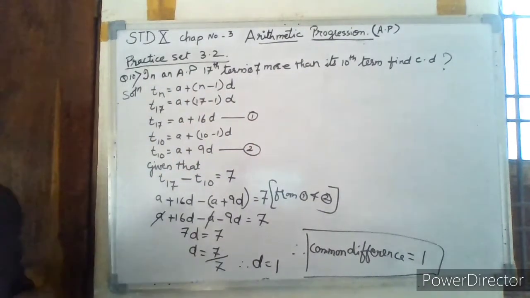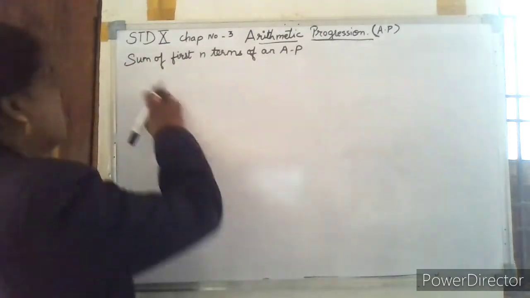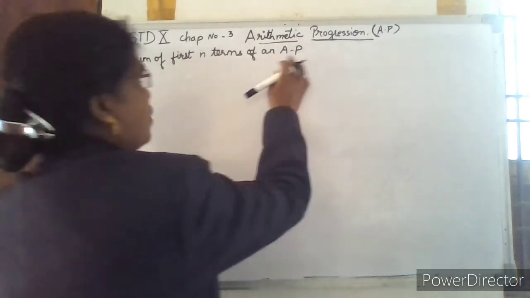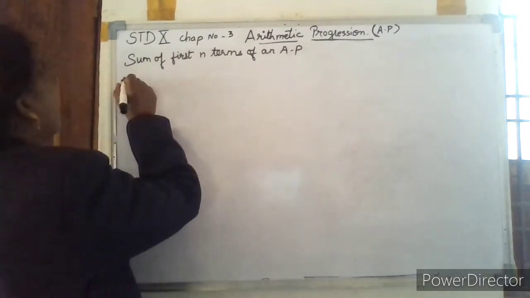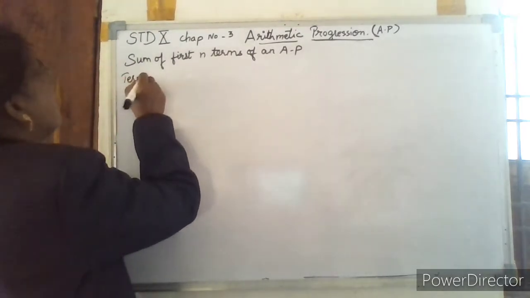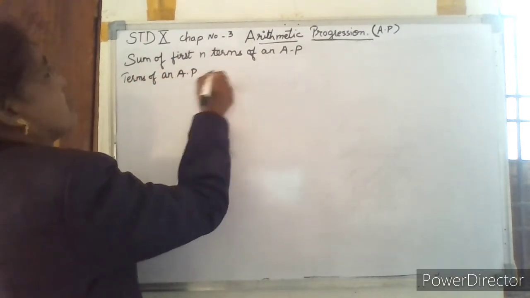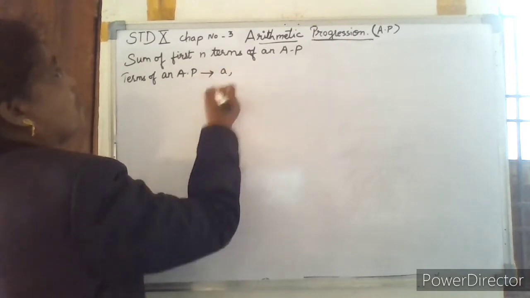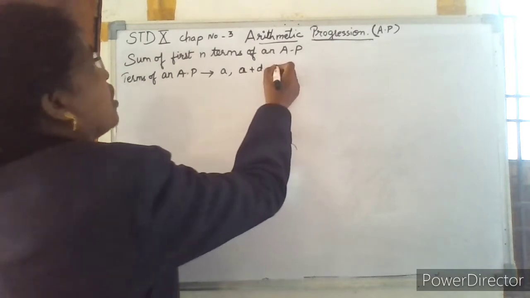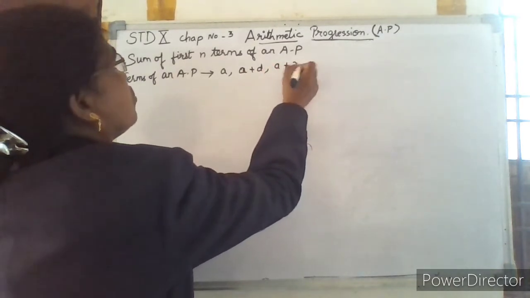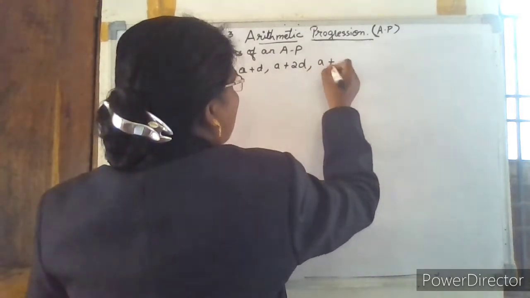Now we will learn the next topic, that is sum of first n terms of an AP. You already know the terms of an AP: A is the first term, A plus D is the second term, A plus 2D is the third term, then A plus 3D is the fourth term, and so on.